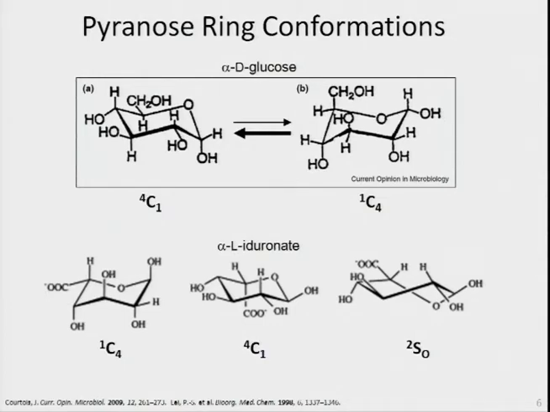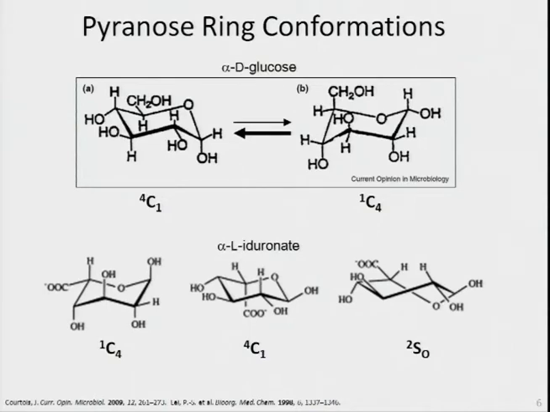If you flip the ring, then all of a sudden, there's 3 substituents that are axial and only one that's equatorial. So the preference is very much for the 4C1 form, as indicated by this heavier, darker arrow pointing to the 4C1. That's for alpha-D glucose. Now let's take a look at the alpha-L iduronic acid, or iduronate.